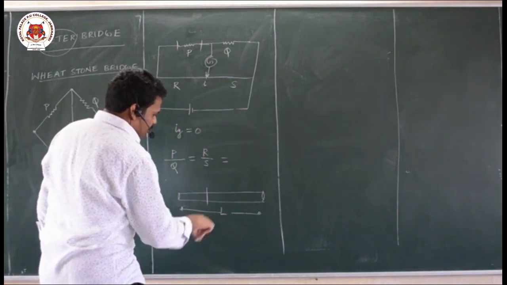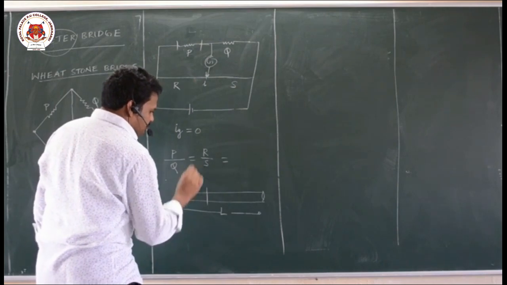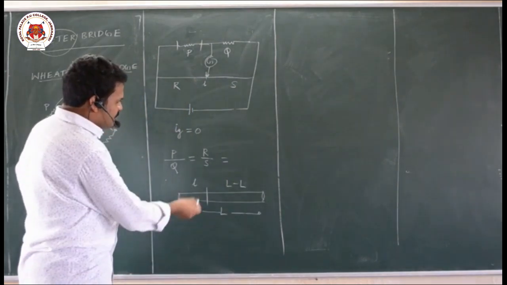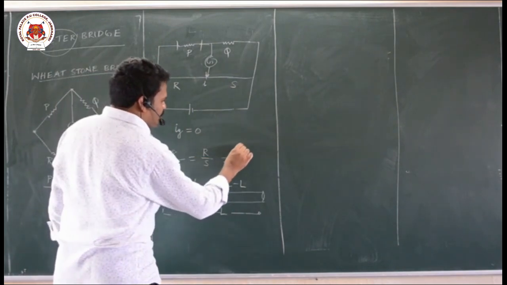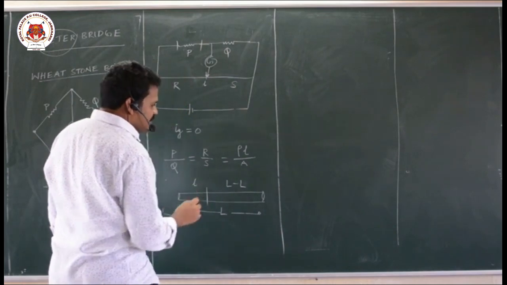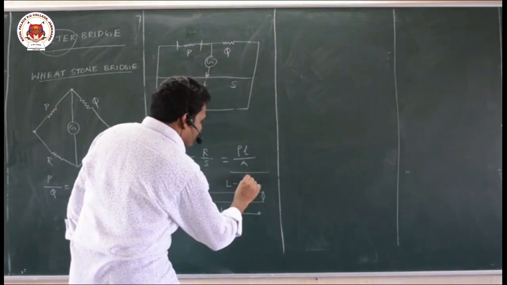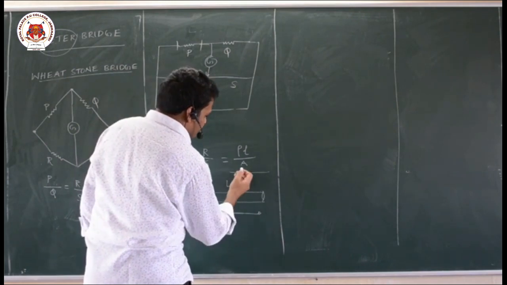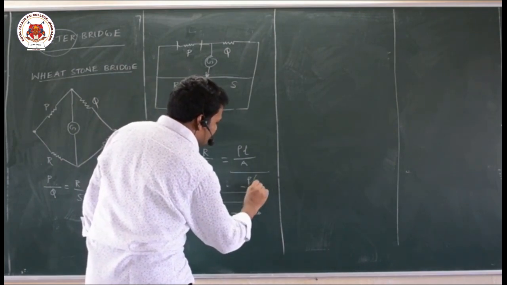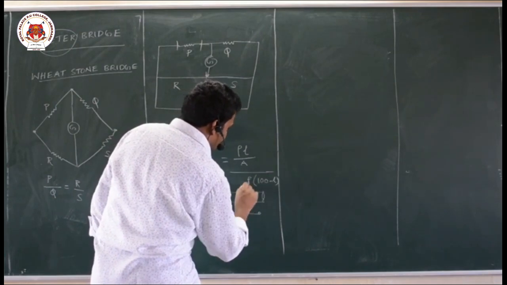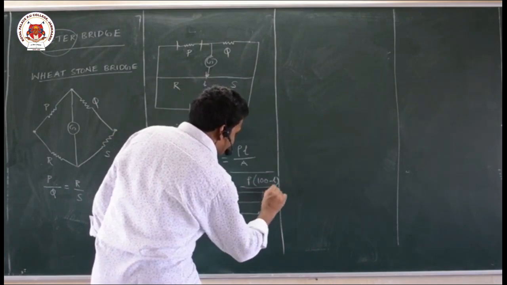Here we are cutting at L, so the other part will be 100 minus L. Resistance of R, I can write as rho L by A, whereas resistance of S, I can write as rho into 100 minus L by A.